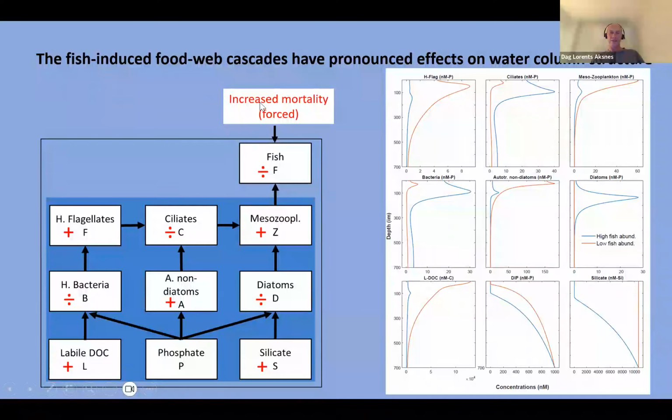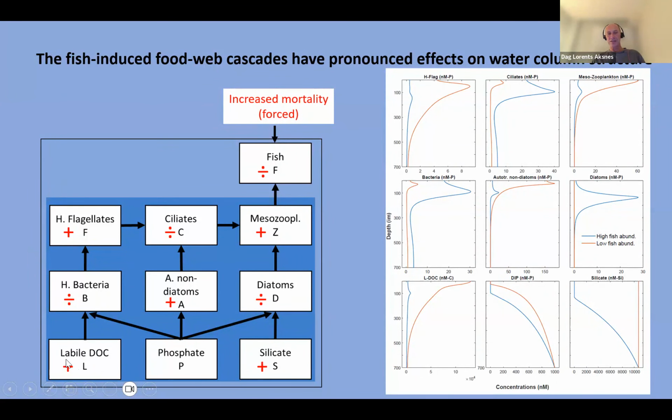And you also see there is a shift in all state variables according to this mortality. So what's happened is that we increase the mortality of fish, then we decrease the fish abundance, which means that we increase the mesozooplankton, and then we decrease the diatoms, because mesozooplankton graze on the diatoms, and also decrease the ciliates. And then we increase this group, decrease, increase.